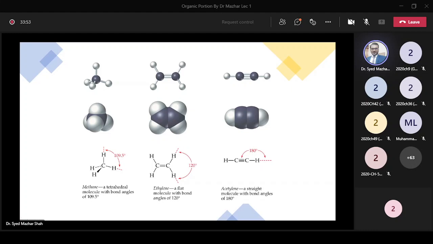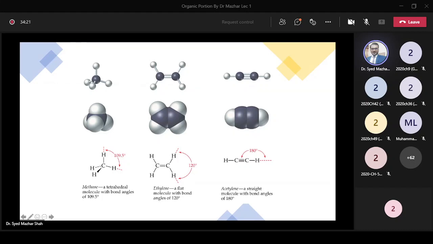Tetrahedral. And the bond angle would be 109.5, right, in tetrahedral geometry? Yes, sir. So all the molecules in alkanes will have tetrahedral geometry. If there is more than one carbon atom, then one of the hydrogen atoms will be replaced by another carbon atom, but the geometry would stay almost the same.